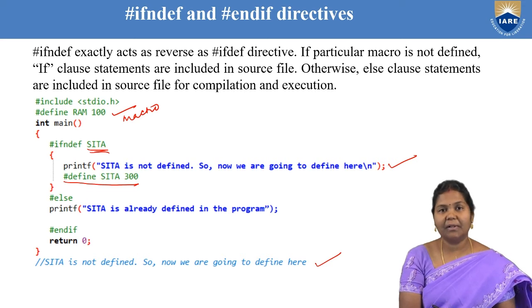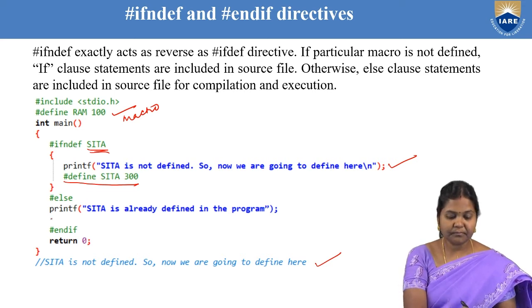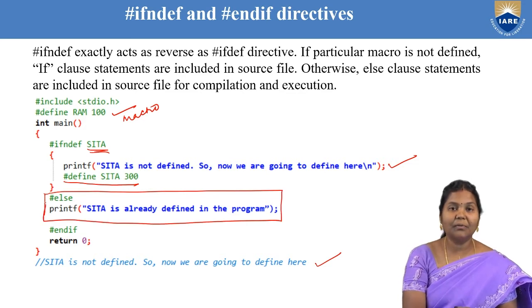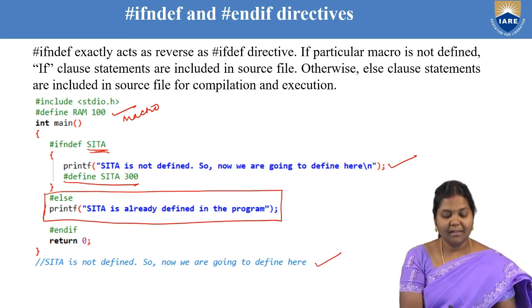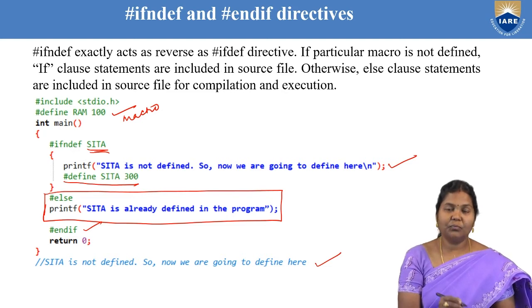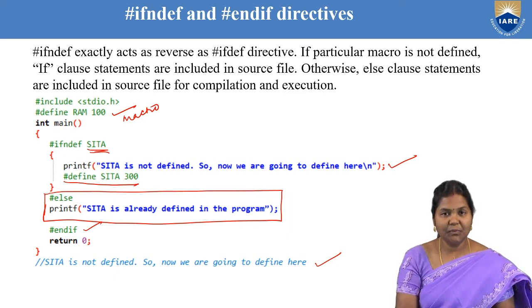But you can write them anywhere in the program also. So, the else part statement is not included in your compilation, and then you have to write #endif. So, for #ifdef or #ifndef, you have to write #endif. Both are opposite to each other.